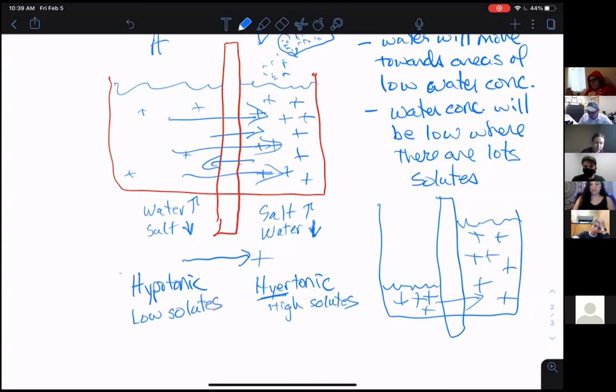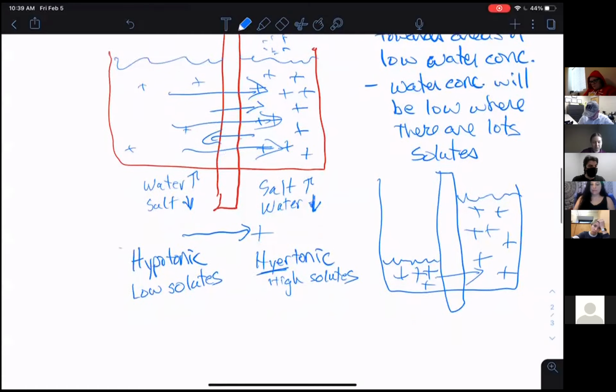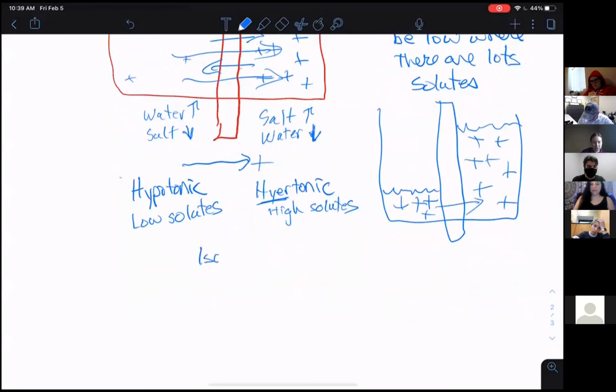Did anyone catch the word that meant equal solutes on either side of a membrane? Started with an I. Anyone catch that one? So isotonic means equal concentration.